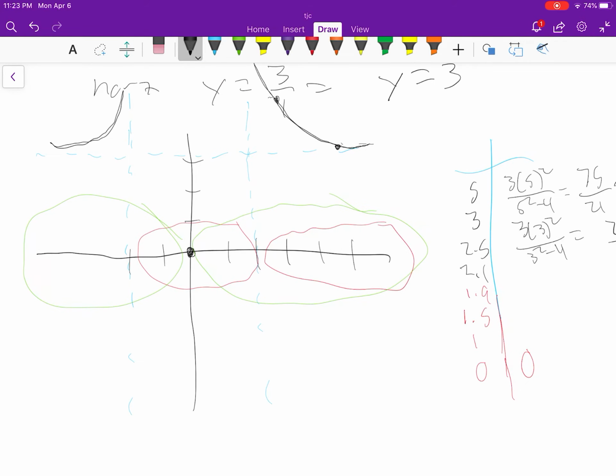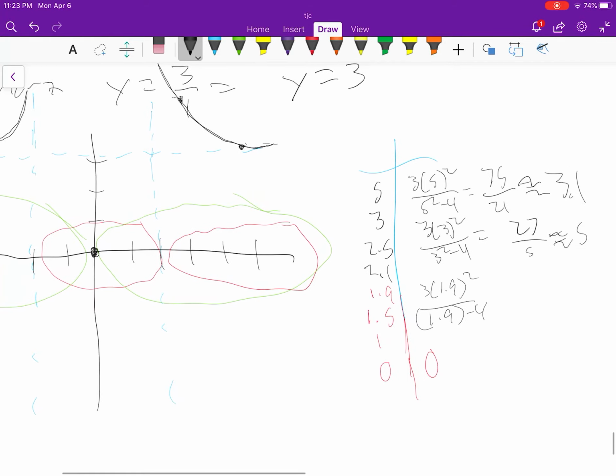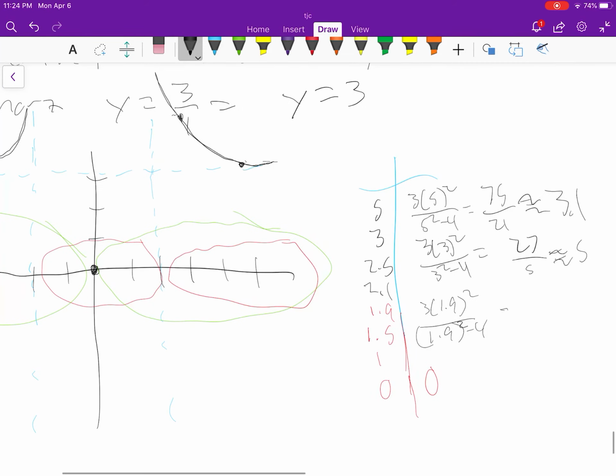Now what about in this region, 1.9? So 3 times 1.9 squared over 1.9 squared minus 4. This is going to be some number less than 0.